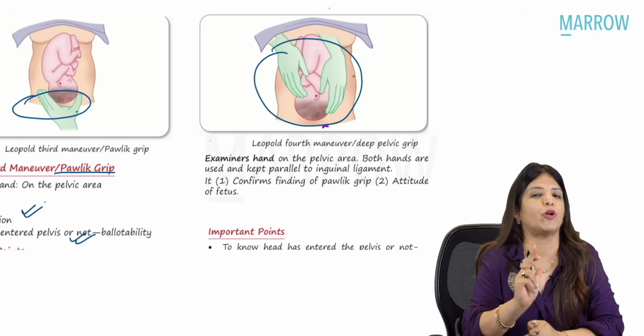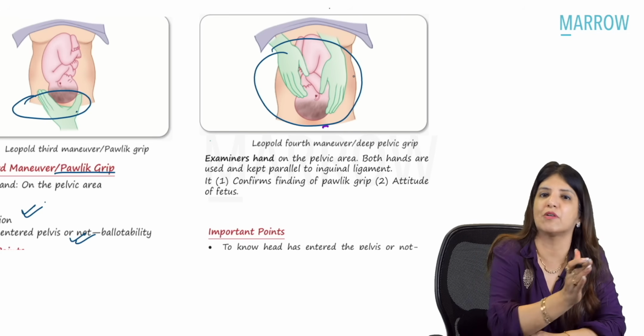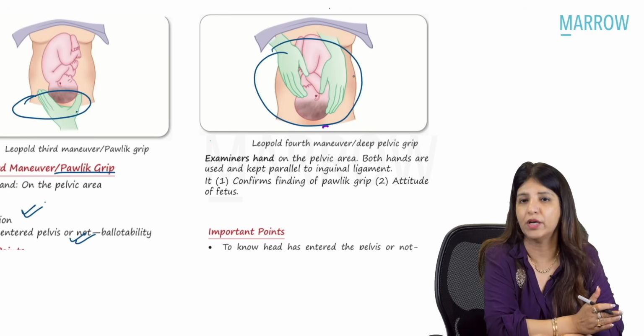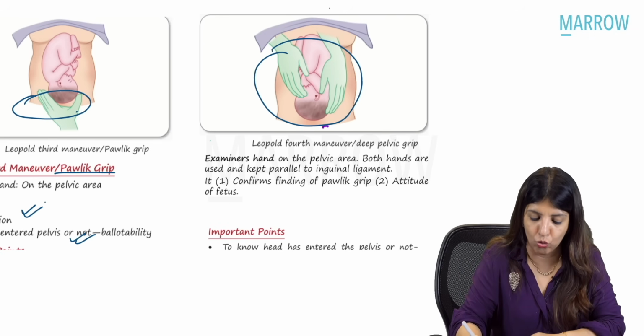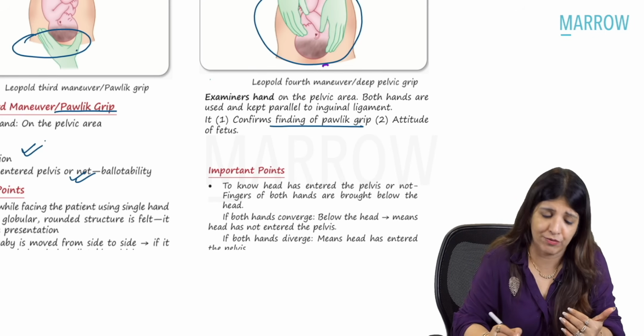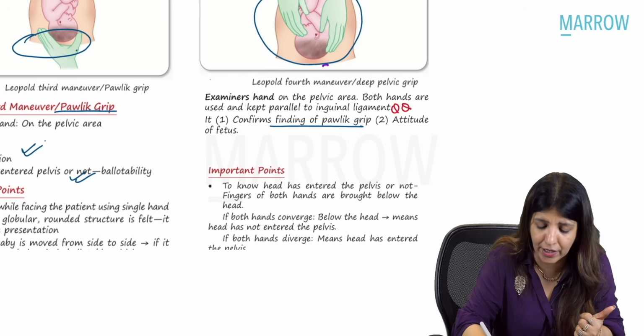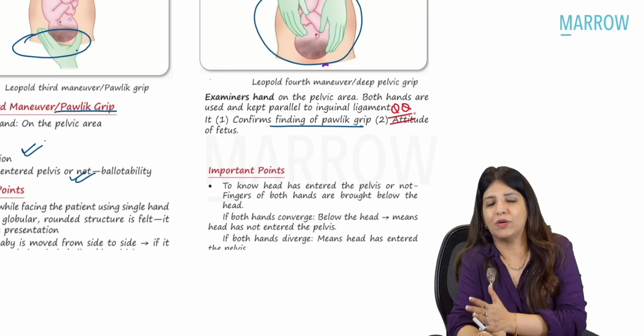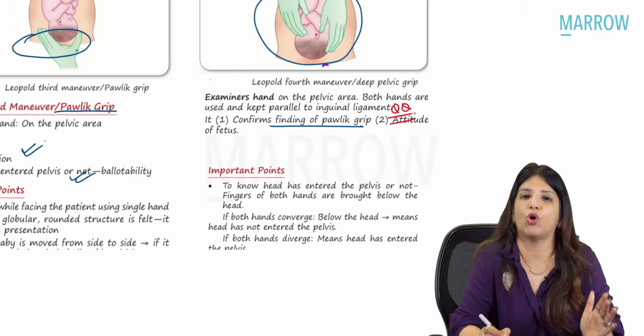Leopold's fourth maneuver confirms the findings of the third maneuver. That means it tells you the presentation and whether the head has entered the pelvis or not. One additional thing it tells you is the attitude of the fetus.